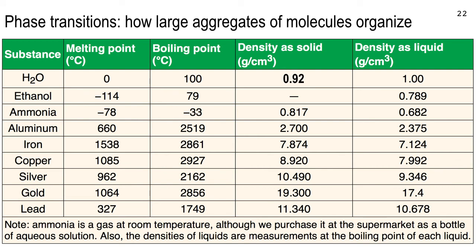Now, look at these metals. Go down here to aluminum. Aluminum, solid is denser than the liquid. So here's metallic aluminum. Here's liquid aluminum. Iron, solid iron and liquid iron.